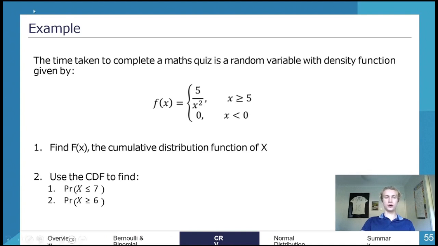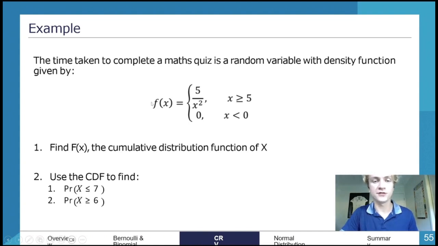Okay, great. Now let's go through an example. And looky here, we've got two different probabilities. That's why we're going to do the cumulative density function, besides the fact that they've also asked us, which means we do have to do it. So, example. The time taken to complete a maths quiz is a random variable with a density function given by f of x equals 5 over x squared, where x is greater than or equal to 5, and 0 elsewhere.